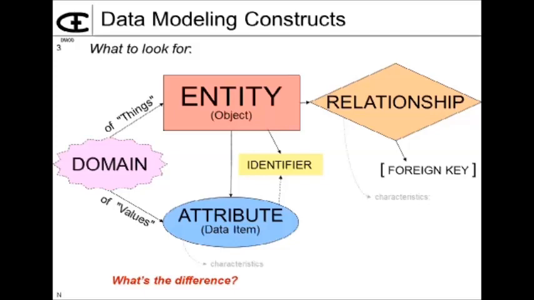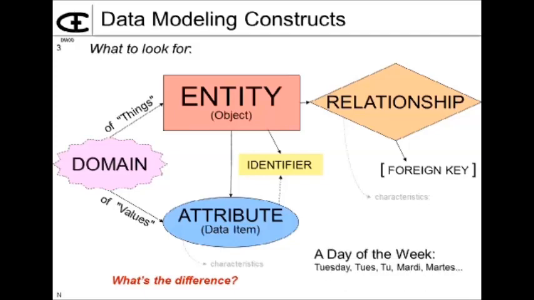And if we look at a domain of values, we think of an attribute as being a domain of values. What does each one of those values represent? Well, it represents a thing. So here, the perspective on entities is we've got a population of things, and on attributes, a population of values, but those are values of things again.